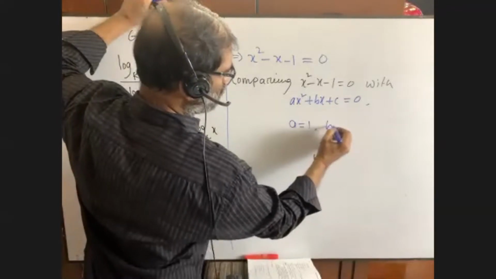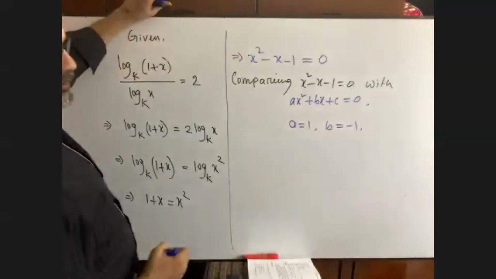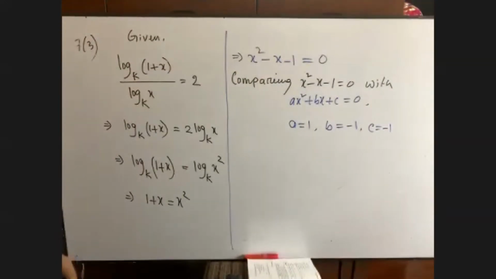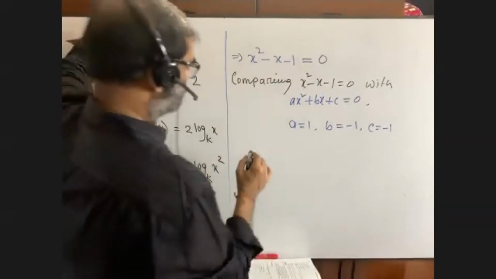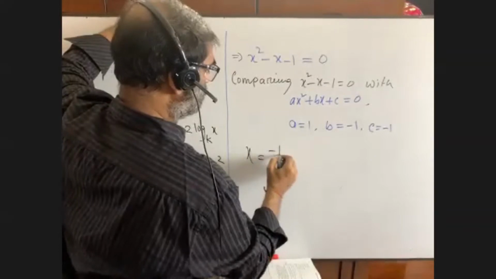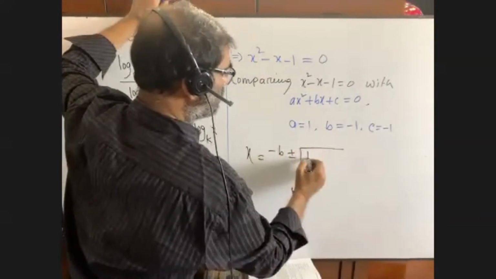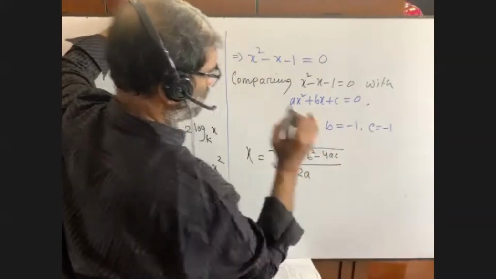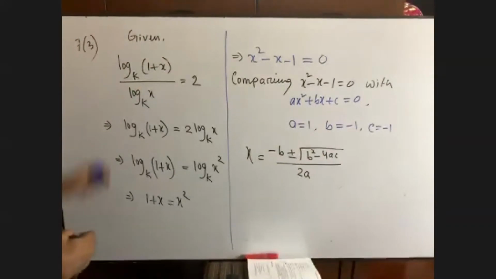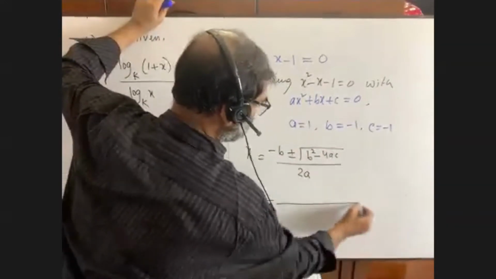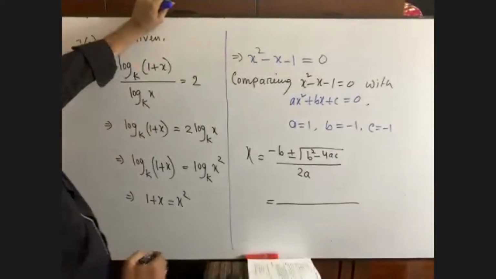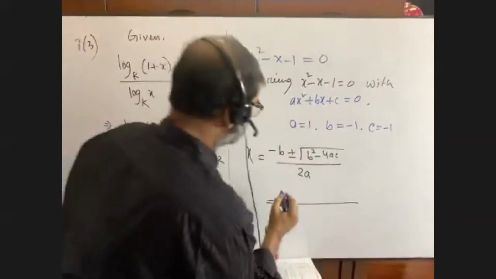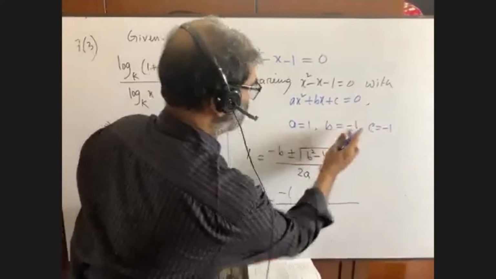B equals -1. C equals -1. I have compared, okay? Now you see, what is X here? What is the formula of X? X equals minus B plus minus root over B square minus 4AC by 2A. Now you put the value here. So we will get X equals minus B. So it is minus, what is B? B equals -1.